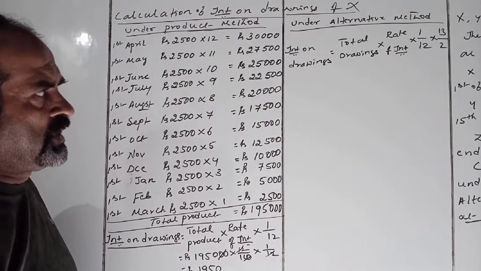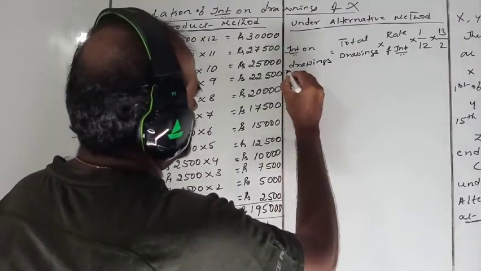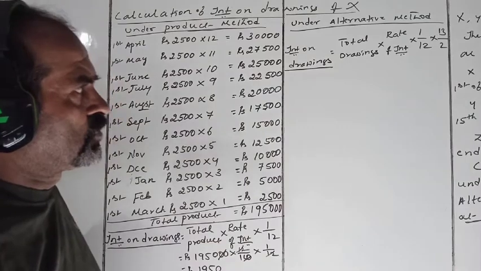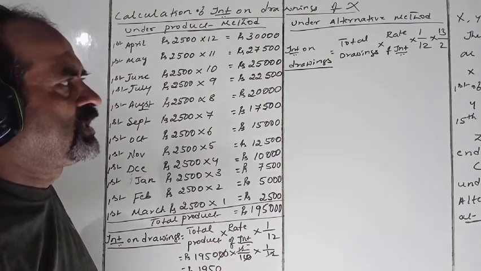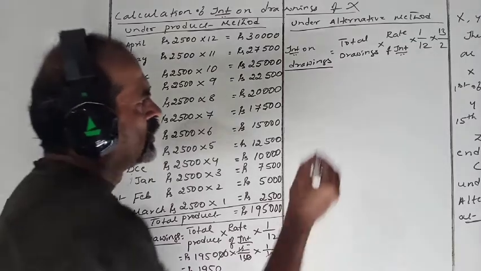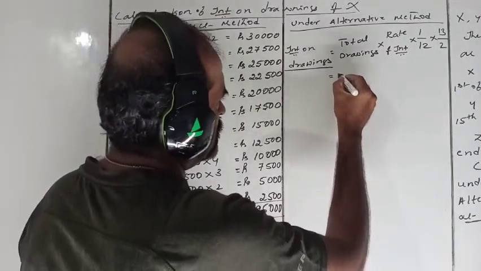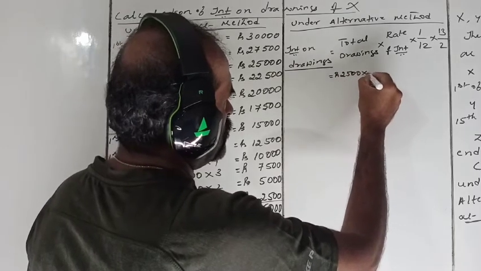Under the alternative method, the formula for calculating the interest on drawings is the total drawings into rate of interest into 1 by 12 into 13 by 2. The total drawing should be calculated: rupees 2,500 into 12 months.